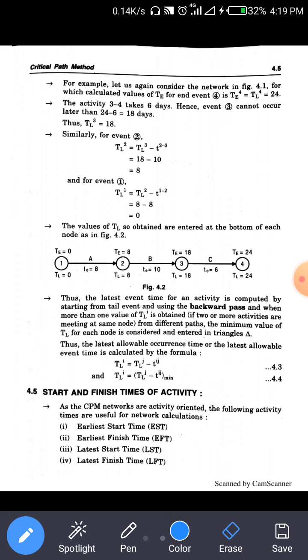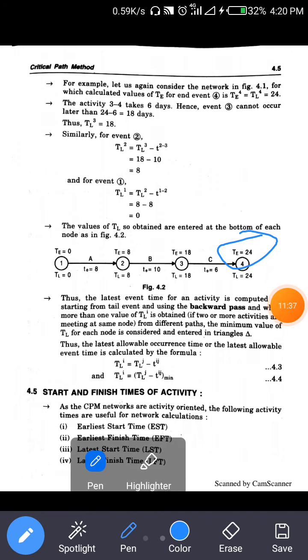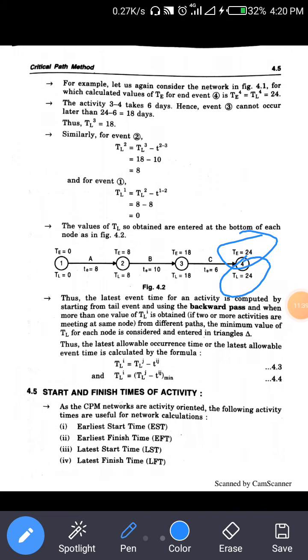We already know how to find the TE value. Now at the end we got the TE value. After getting the TE value, the same value is written as the TL value. Same TL value, write it here.